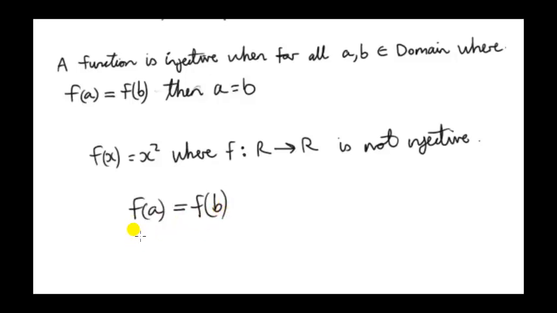So let's work out f of a and f of b. Well, f of a is just a squared. F of b is b squared. So does this equation lead us to the conclusion that a is equal to b? Well, actually it doesn't lead us to that conclusion. It does not imply that a is equal to b, and that's easy to see.